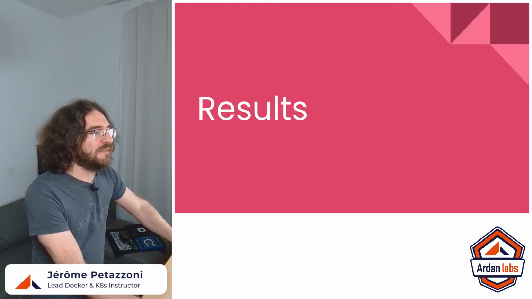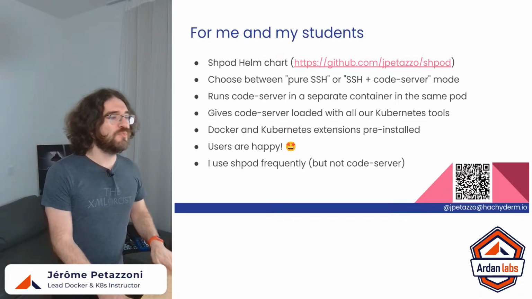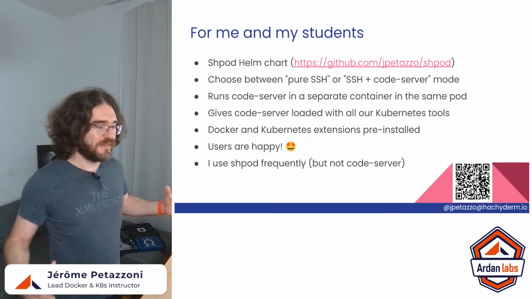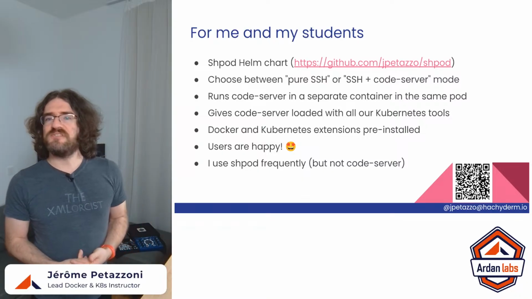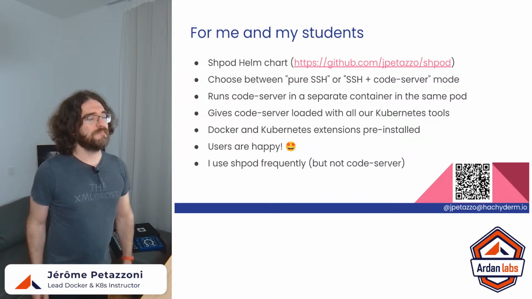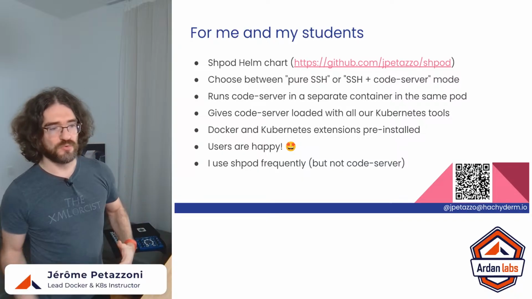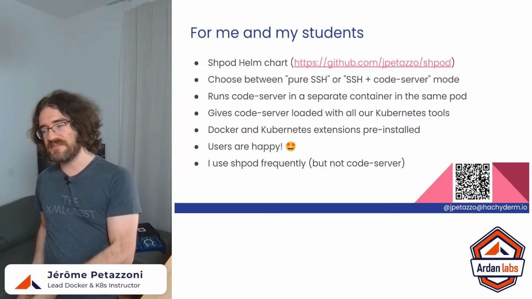Okay, and so the outcome, the deliverable, the stuff that you might want to use for your own stuff: there is that spod image, which has all the tools plus VS Code and so on.